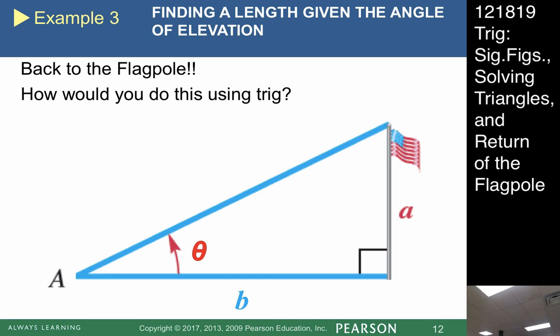Oh, okay, let's see what you got. So the tangent of 30 would be a over 50. Okay, good. Now how would you find a? That's what I was just asking Sydney. It's an equation, just work the equation. Multiply 0.57 times 50, right?